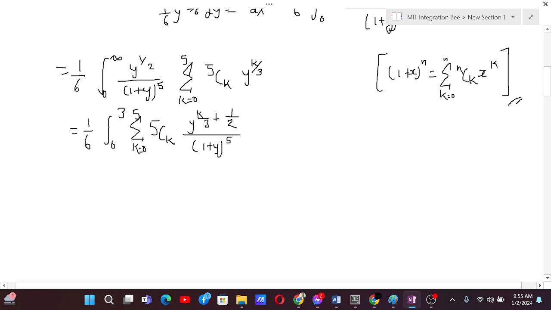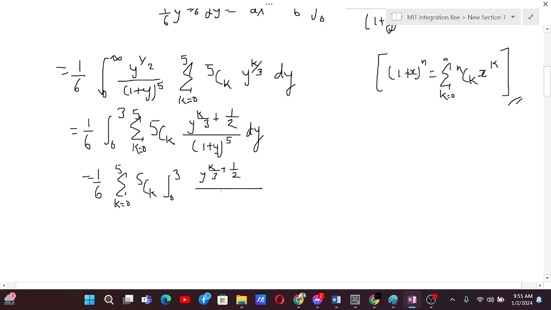Now we can just take the integral inside. 1 by 6 sum from k equals 0 to 5, 5 c k, these all are constants for the integral, since the integral is in the world of y. I forgot the dy, and then y to the power k by 3 plus 1 by 2 by 1 plus y to the power 5 dy.